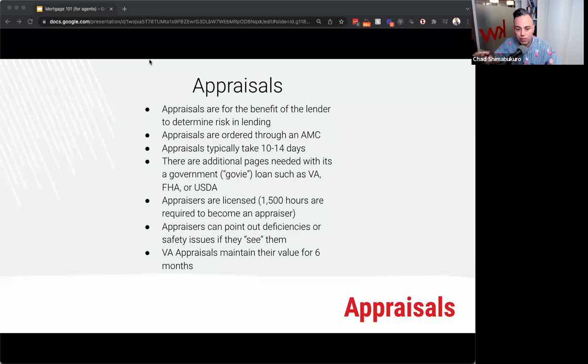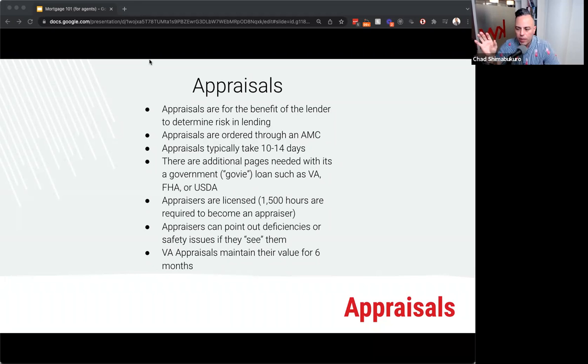A Tidewater notice is not for FHA, USDA, or conventional. It's specific to VA. Honestly, I wish other loans had some sort of notification like that, but it's called a Tidewater notice. So with that said, whatever the outcome of the appraised value is on VA loans, that value is recorded and kept on record for 6 months. So new agents know that that's a thing.